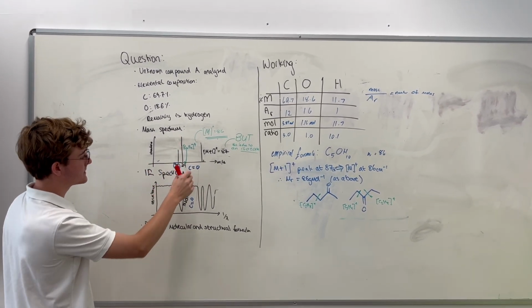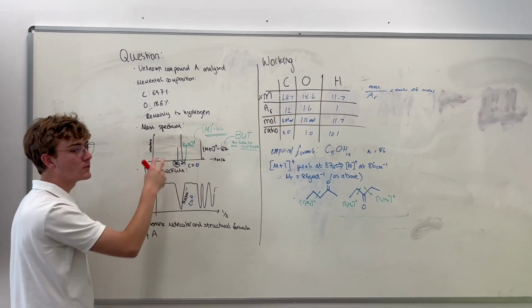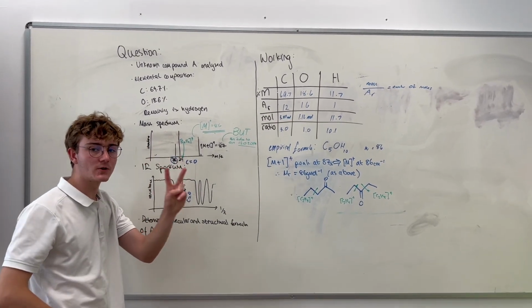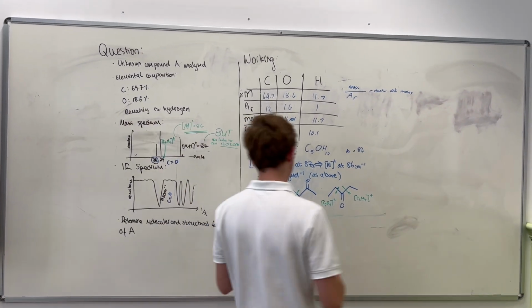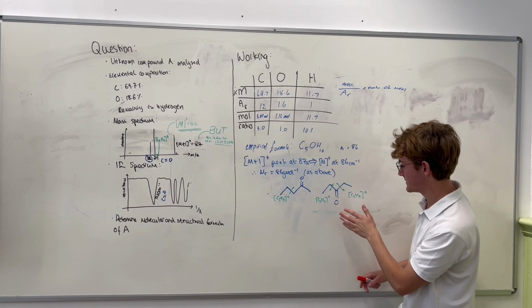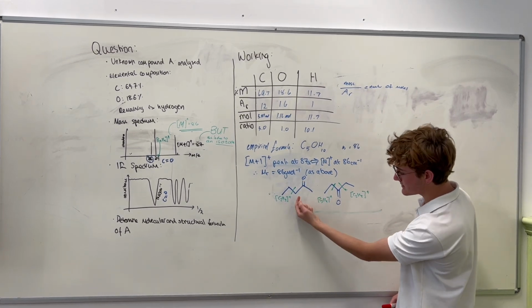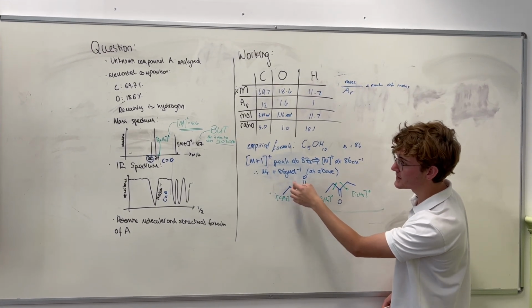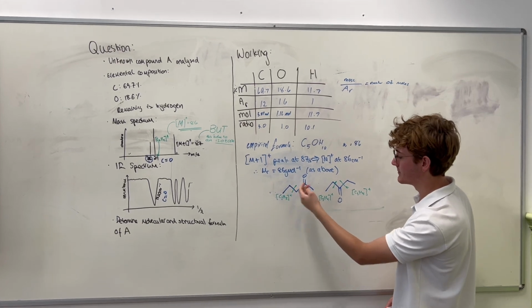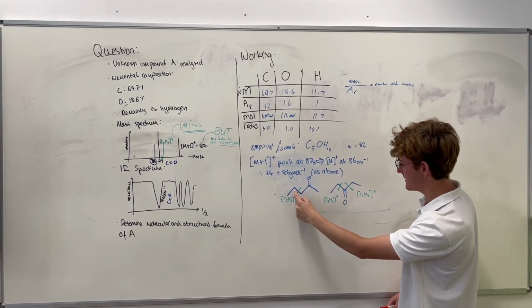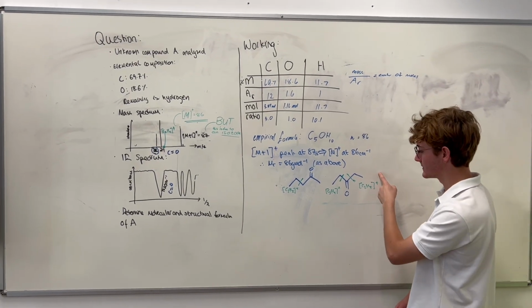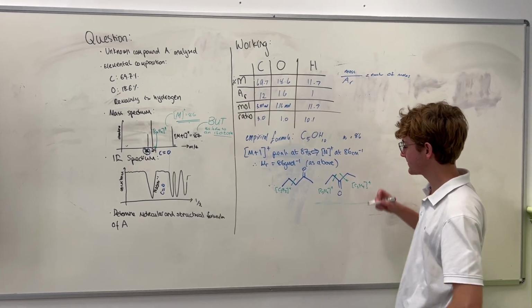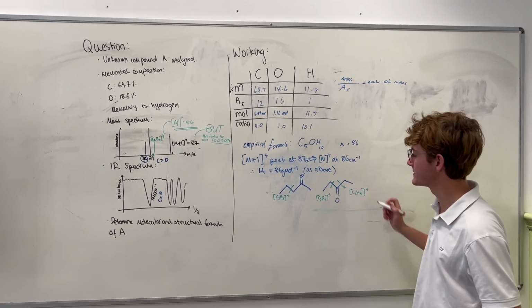So that means that this peak should be being formed in 2 alternative ways, 2 directions to form it, because it's more abundant. So looking at these 2 structures, you can see that this structure here can only form the peak at 29 once, but this structure here can form it twice. Therefore, this is the structure of compound A.